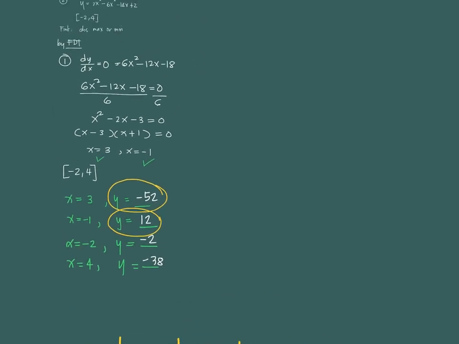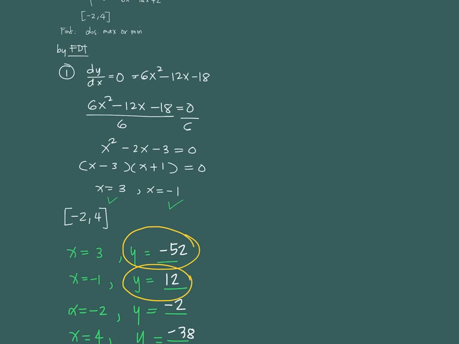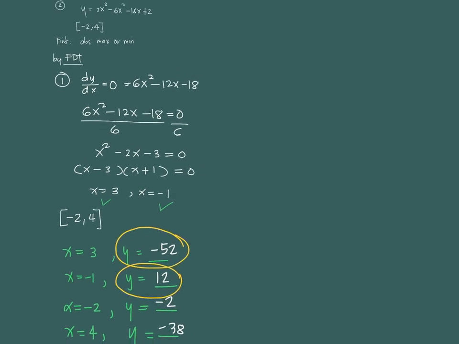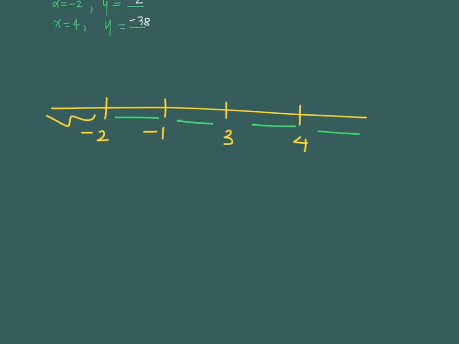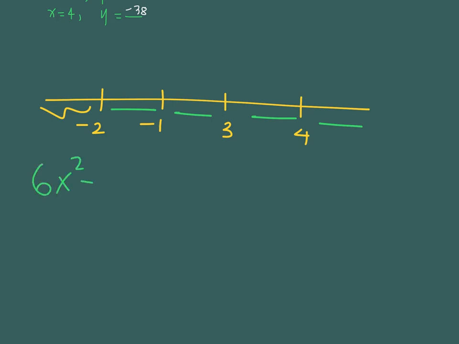Okay, so the derivative that we obtain is 6x squared minus 12x minus 18. Help me in finding the value of this derivative.